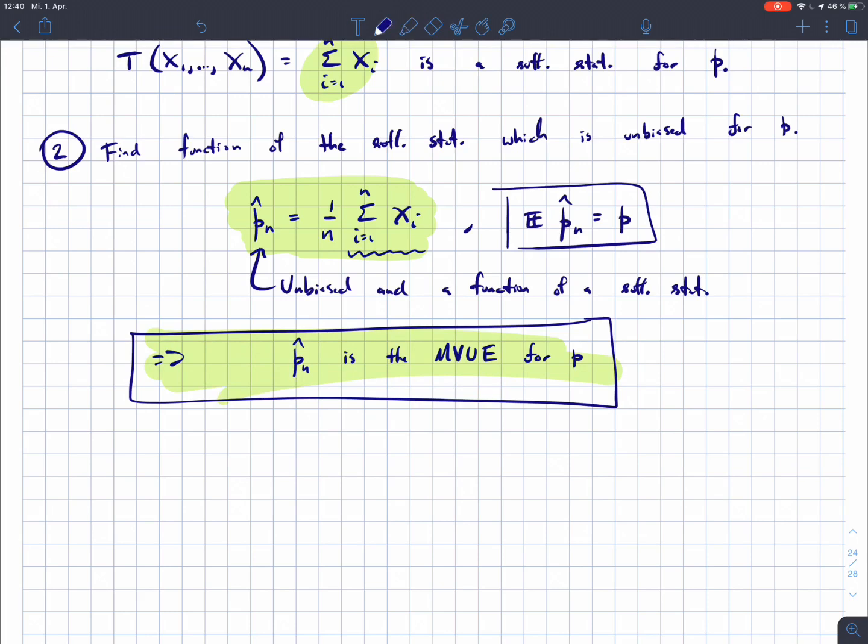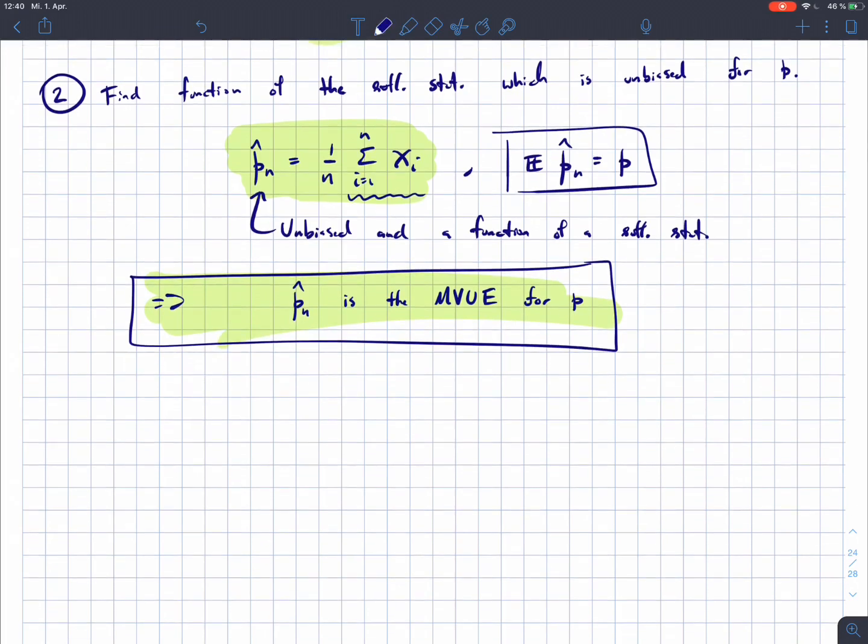But you might be asking yourself, what about this estimator we looked at once, which was y plus 2 over n plus 4, where y was the number of successes? Number of successes is just the sum of the xi's.